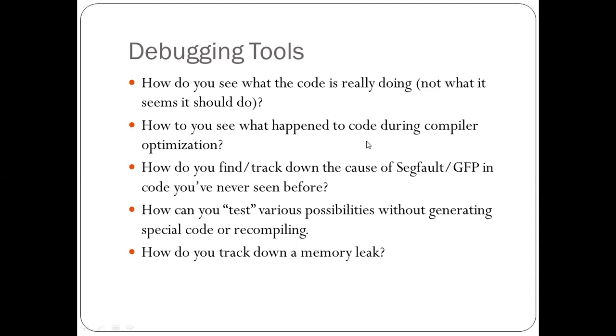How do you see what happened to code during compiler optimization? So during compiler optimization, as we run our program, we will use a number of optimization techniques during the compilation of that particular software. Then again we will check what is happening to that code, whether we are following all those specifications or not, even after optimization of the different codes at each stage.